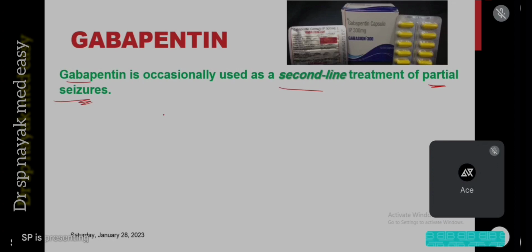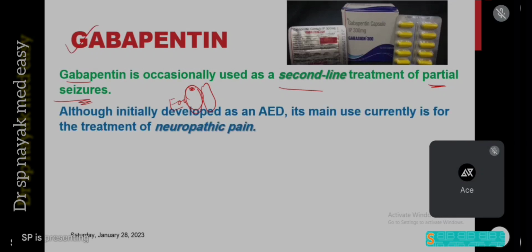In previous classes we have already seen the brain, and in the brain we have two lobes. If a single lobe or a part of a lobe is affected, it is called a partial seizure or focal seizure. So gabapentin is occasionally used for focal or partial seizures. Although initially developed as an anti-epileptic drug, mainly it is used for neuropathic pain.